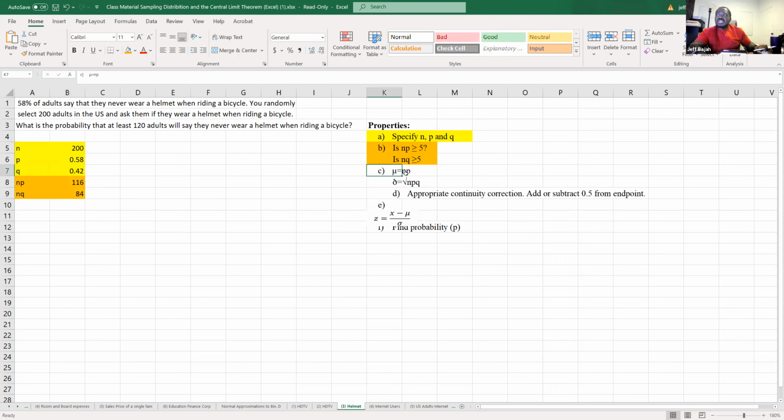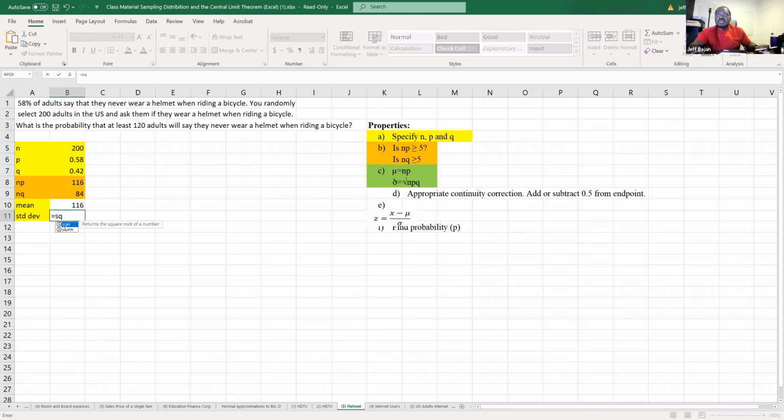So we now have to do step 3, right? In step 3, what we're going to try and do is show the mean. And we know that the mean here is the same thing as n times p. And the standard deviation here is basically the square root of n times p times q.